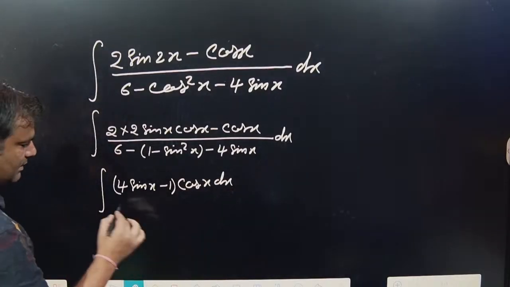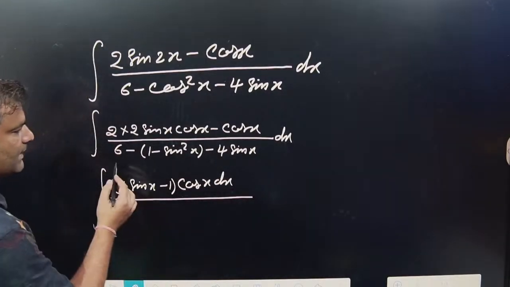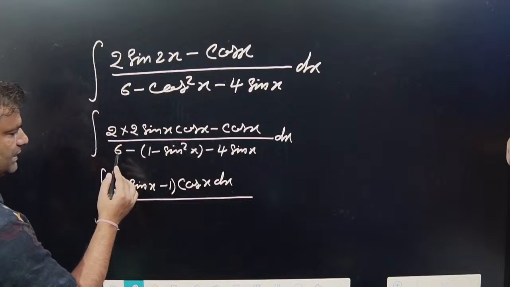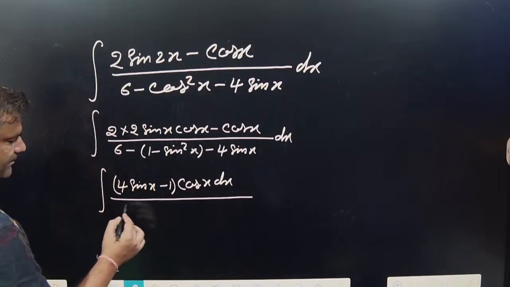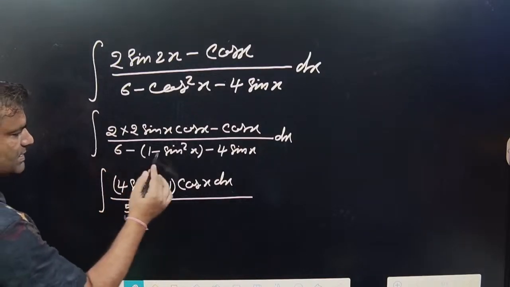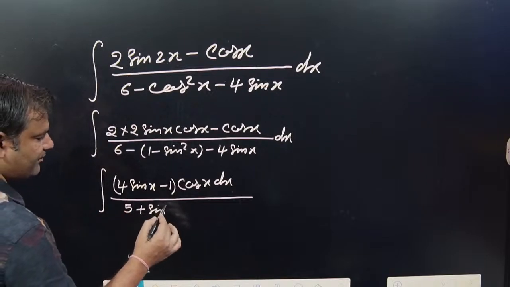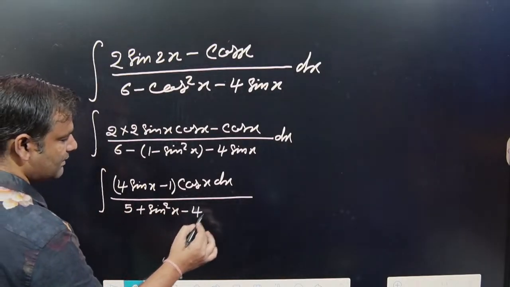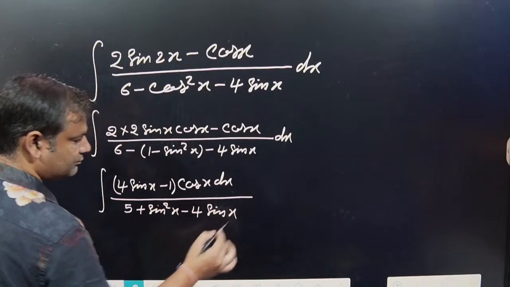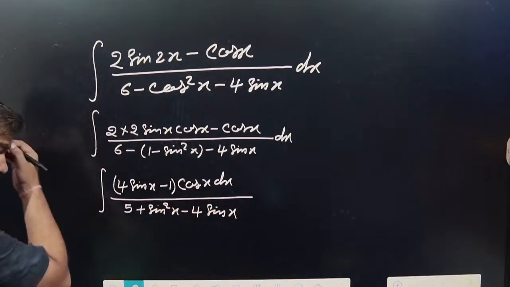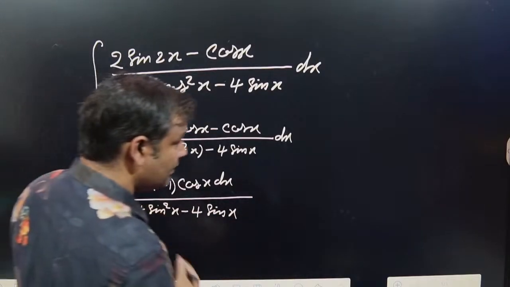divided by, what about that value? Here 6 minus 1 is 5, plus sin square x, and okay, look here.